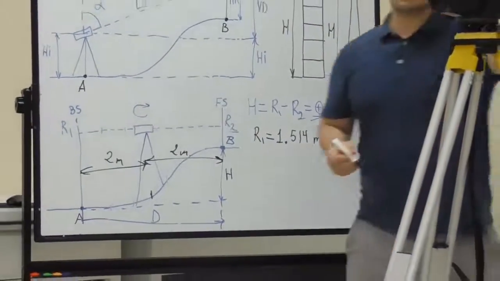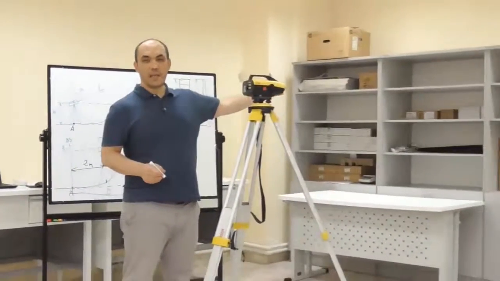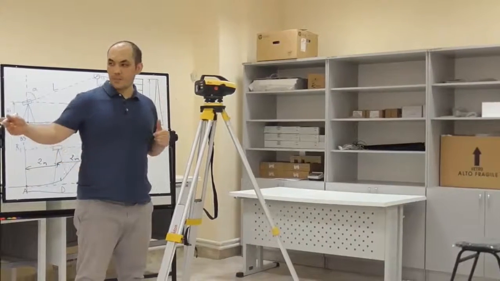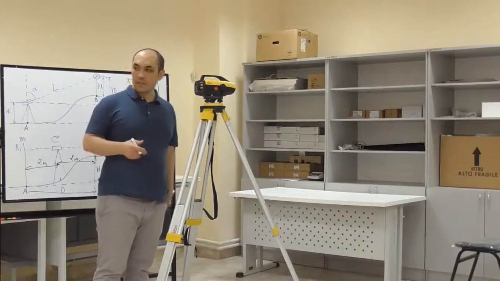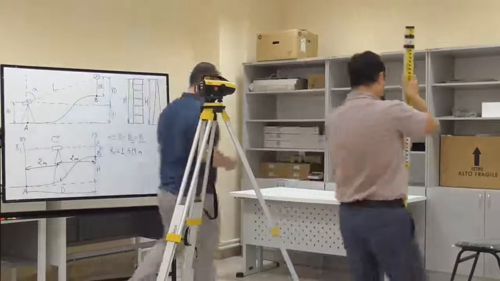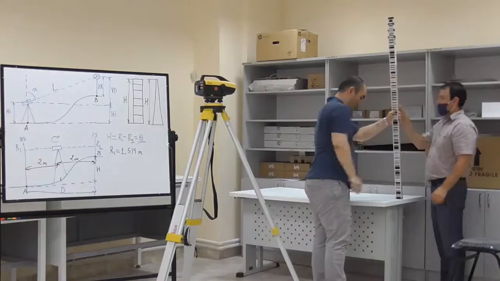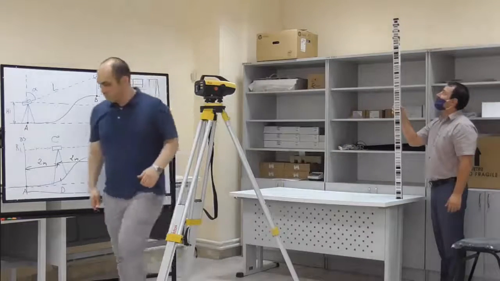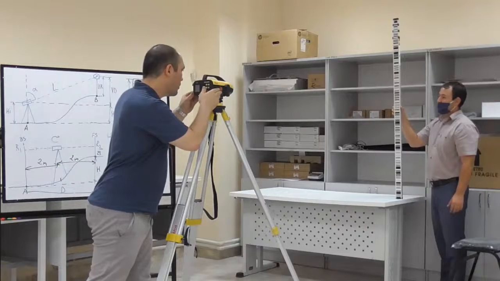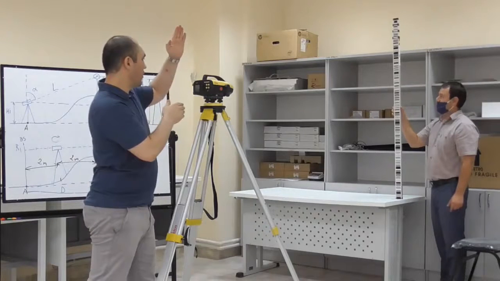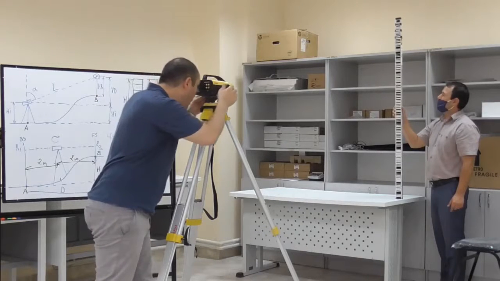So now I turn the leveling instrument to the direction of point B, and I bring the leveling rod, and I put the leveling rod on point B. Please hold the staff vertically as much as possible so that I can focus on the leveling rod.